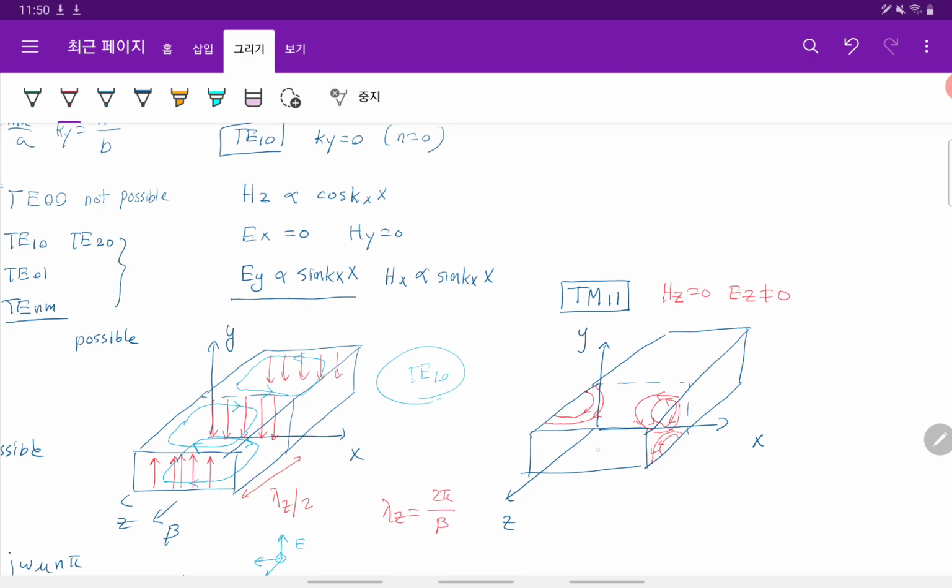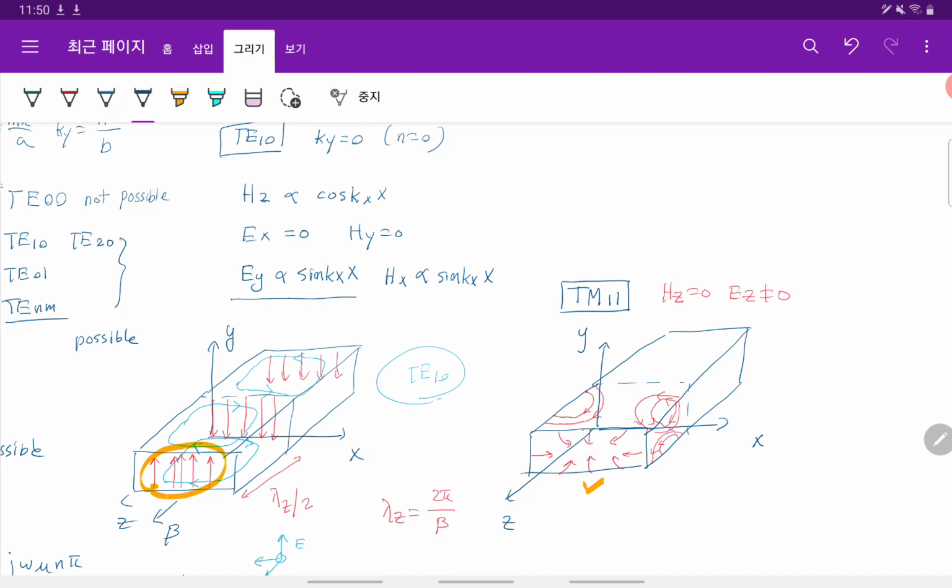So if we see the electric field, it looks like this electric field. Right? If you see, this one is completely different, right? This and this are completely different.